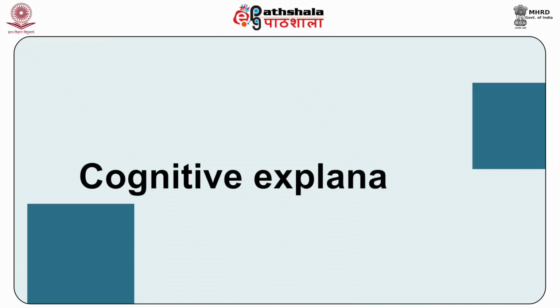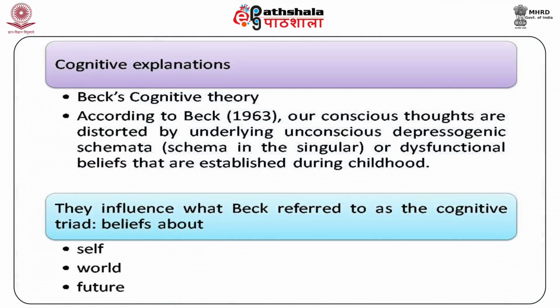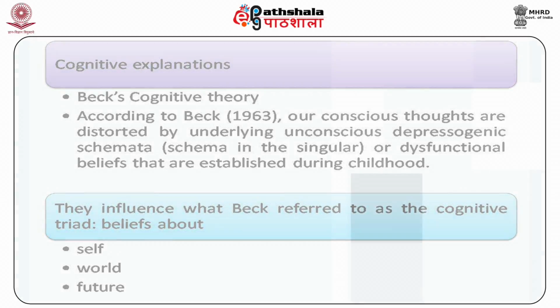Cognitive explanations. The first cognitive explanation was given by Beck in his cognitive theory. According to Beck in 1963, our conscious thoughts are distorted by underlying unconscious depressogenic schemata or dysfunctional beliefs that are established during childhood. They influence what Beck referred to as the cognitive triad, which includes beliefs about self, beliefs about world, and beliefs about the future.